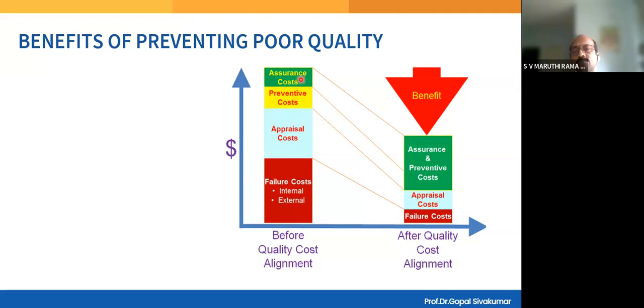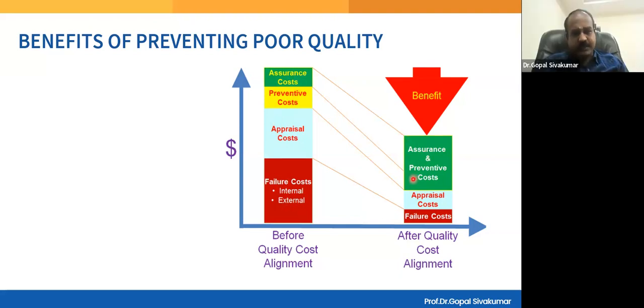But if you spend properly on the assurance and prevention, your appraisal will come down. Your 100% inspection will reduce to sampling inspection. And at the same time, failure cost will also reduce drastically. This is called cost alignment, right? So spend wisely on assurance and prevention so that you can spend less on appraisal as well as on failure.